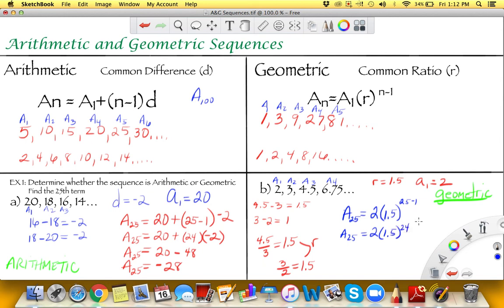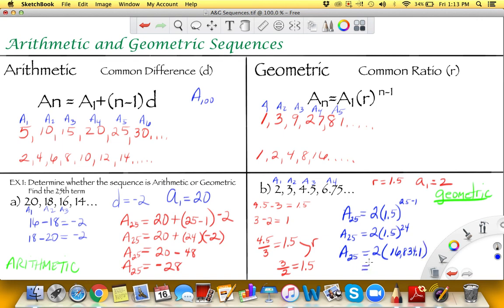Now, 1.5 to the 24th power is a rather large number, but we can find it, okay? So we're going to take that value and figure out what it is. And in this case, a sub 25 is equal to 2 times 1.5 to the 24th power, which is approximately 16,834.1.